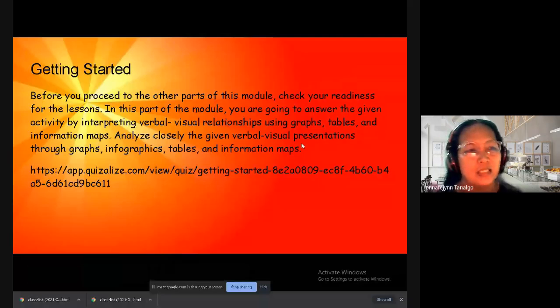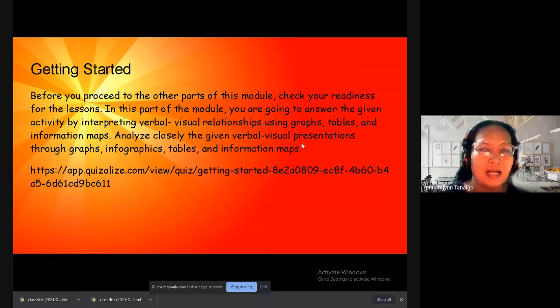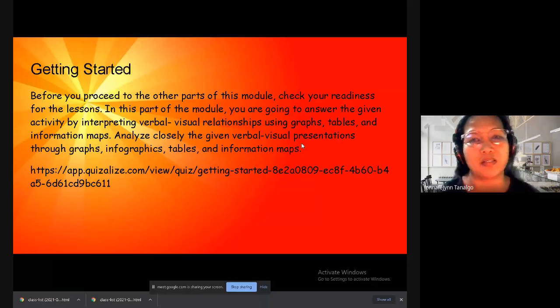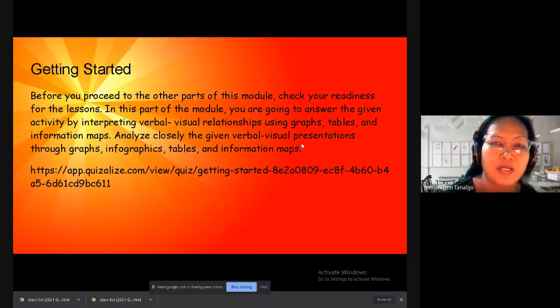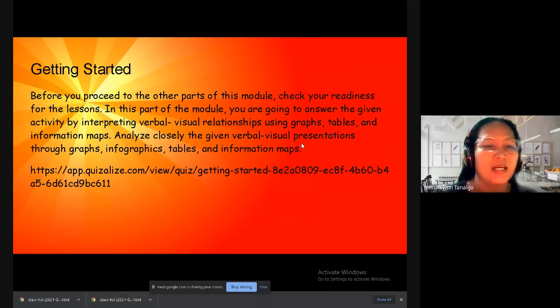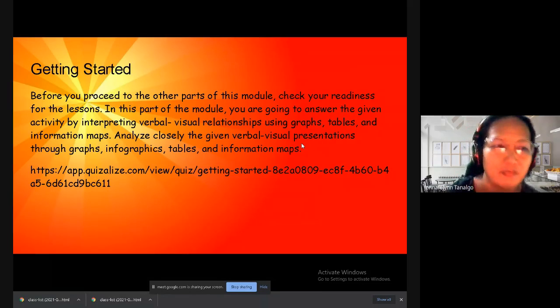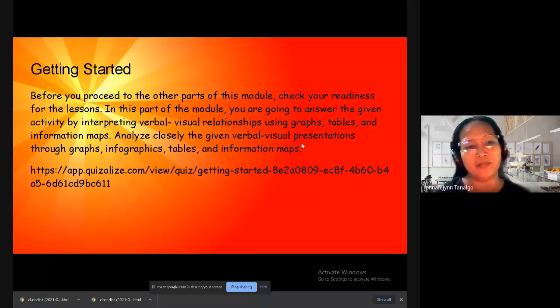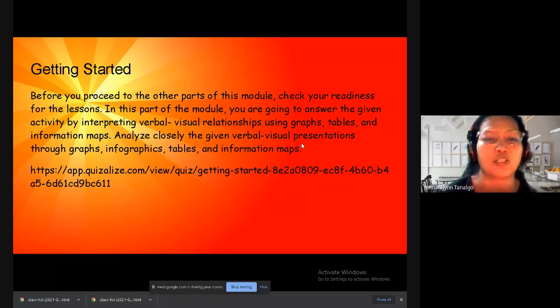In that Getting Started, before we proceed to the other parts of the module, we have to check your readiness for the lessons. In this part of the module, you're going to answer the given activity by interpreting verbal and visual relationships using graphs, tables, and information maps.